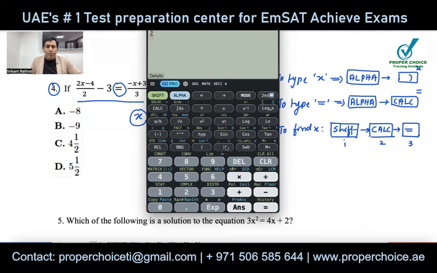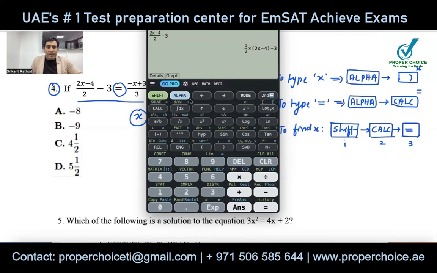You can see the close bracket button has an x above it, written in the same color as the alpha button. Alpha x minus 4, come down. To come down, press the arrow button, then 2. Now to go up, press the arrow pointing to the right side, negative 3.